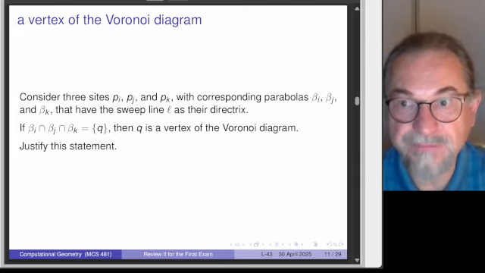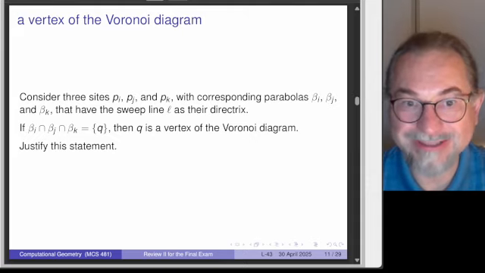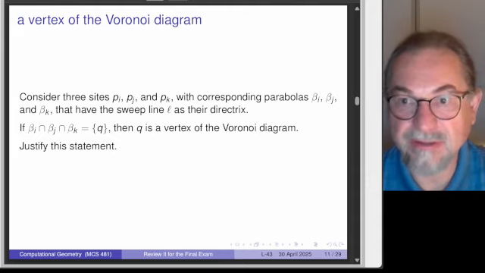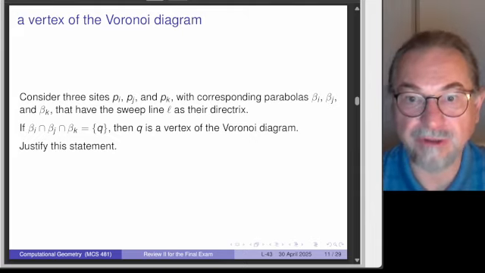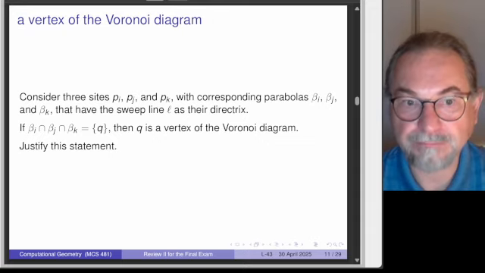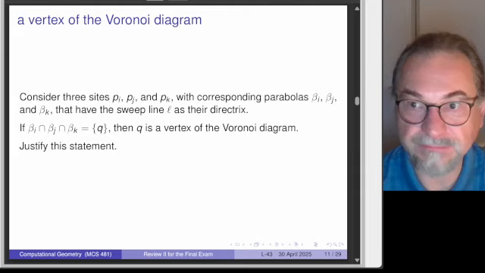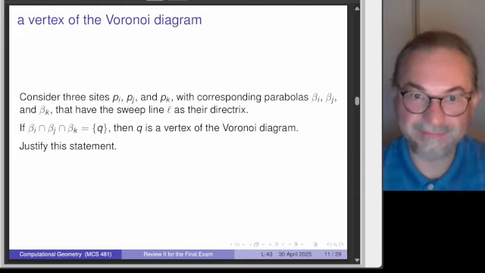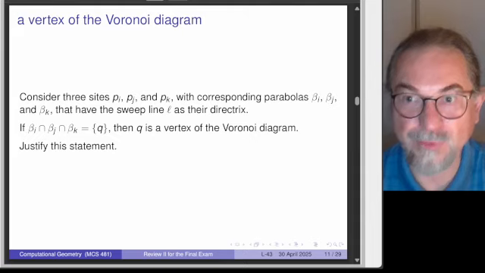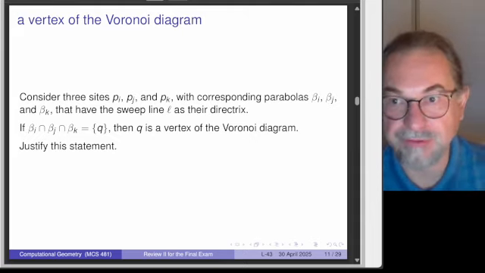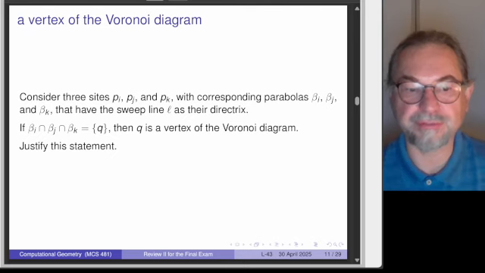If these three parabolas intersect in a single point, then that single point is a vertex of the Voronoi diagram. Justify this statement. You could start drawing, and in some sense, you should. That's a good way of working. But to solve this question, you should look back to the picture on the previous slide.